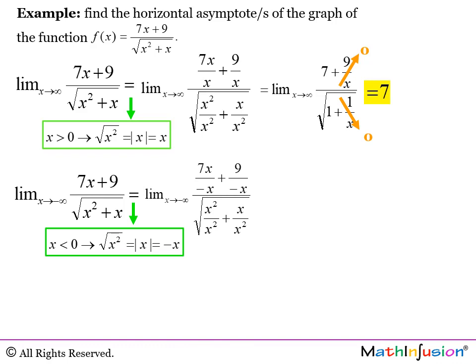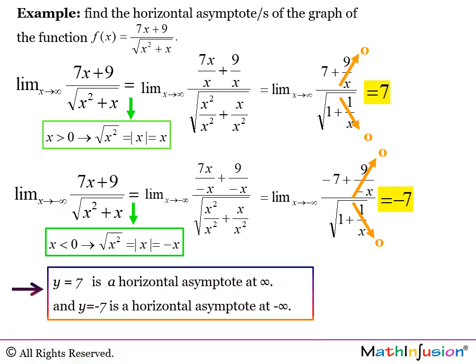And we get this. We will simplify again. And don't forget, this is 0 and this is also 0. And we get -7.